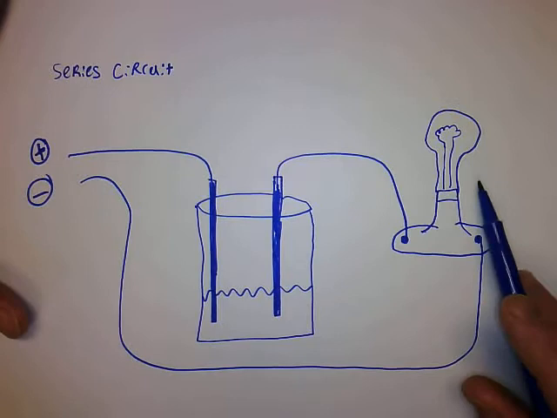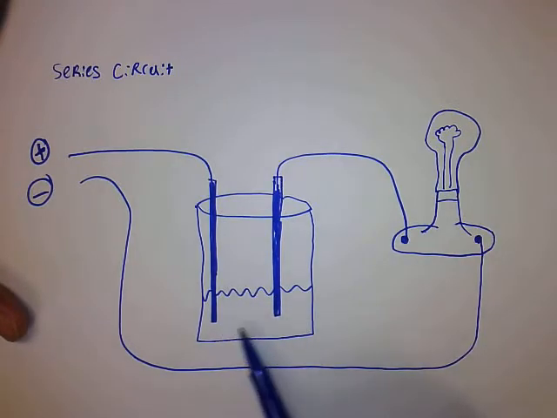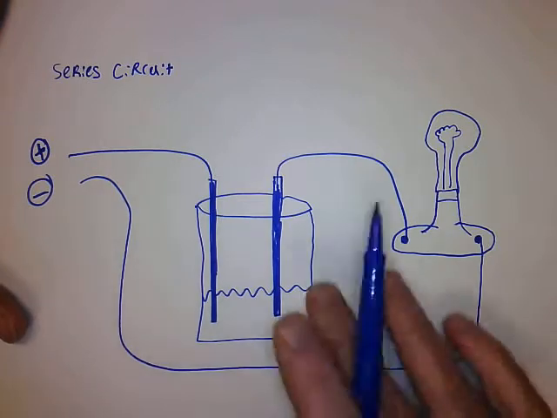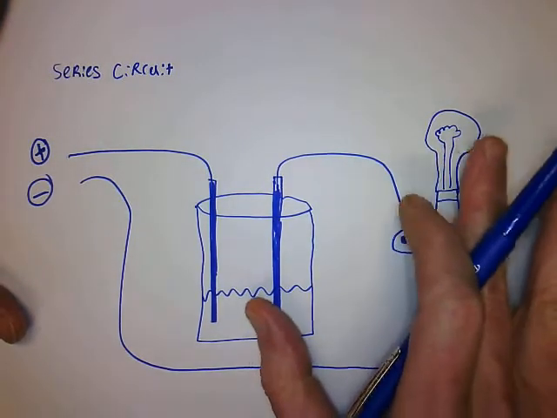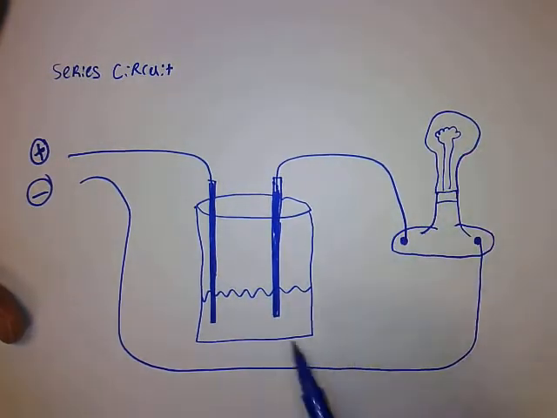So for the light bulb to light, this solution has to be able to conduct electricity. It's part of the circuit. These two are in series with one another, and electricity has to flow through the solution.